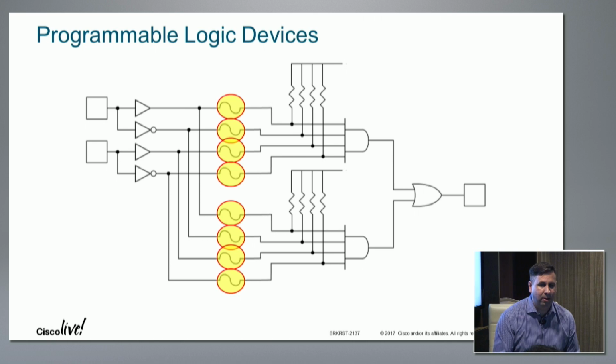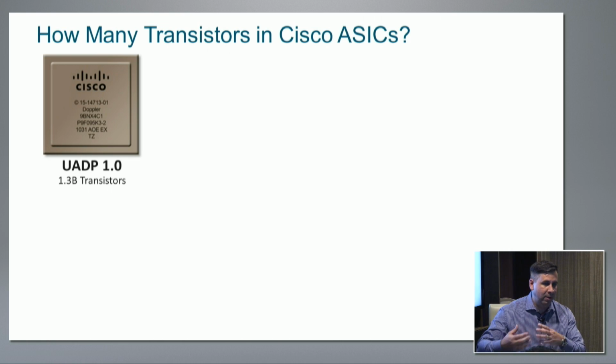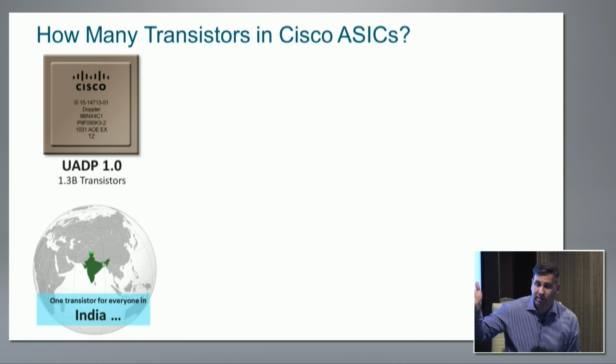That's a fundamental and key concept, because when we need to support new protocols, as Dave mentioned, or new technologies or features, we can just reprogram the existing hardware without requiring a new ASIC to be spun up. This requires a lot of transistors. You see the increase in the transistors in these diagrams.